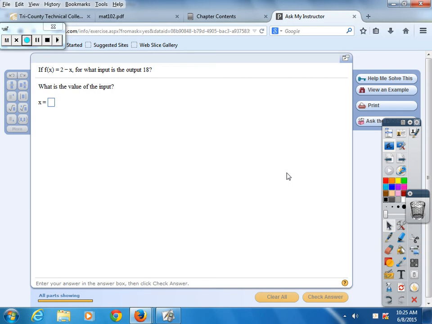In other words, you need to put the pinkies down and go back to the basics and rewrite the question in something that you can understand. If y is equal to 2 minus x, what is y? That's the output. What is x? Input.